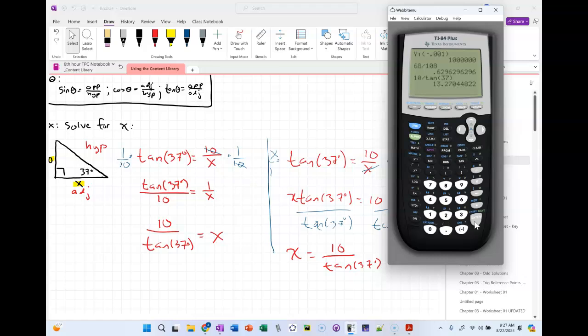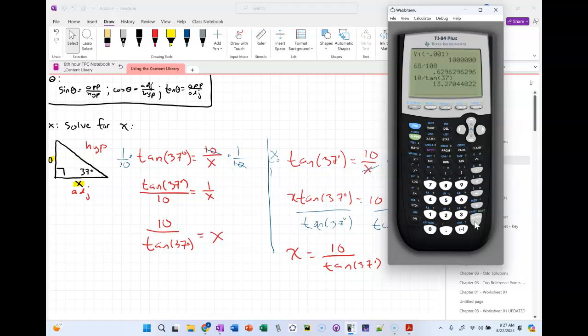So when I did 10 divided by tan 37, I get 13.27-ish. Who got something different than that when they typed in their calculator? Show of hands. Okay, great. You typed it in exactly like I did, though, right? Your calculator gave you a different number.